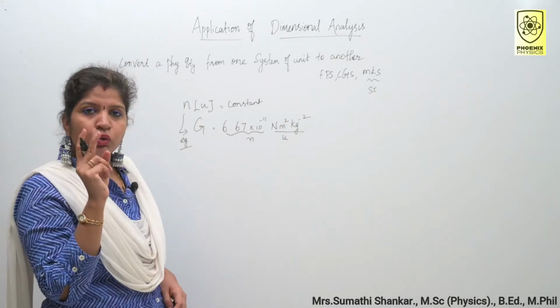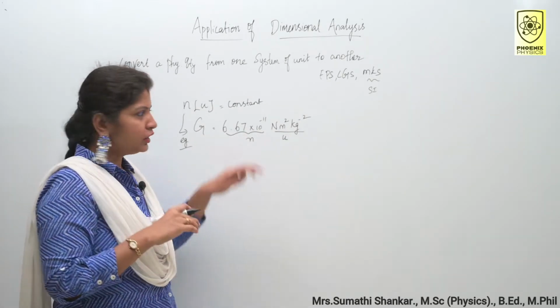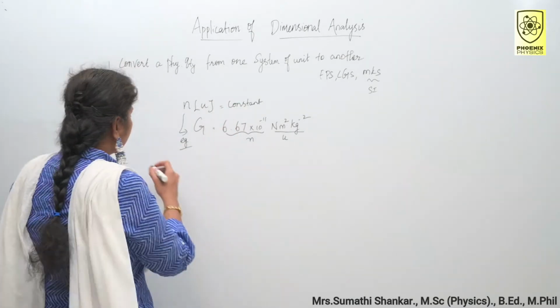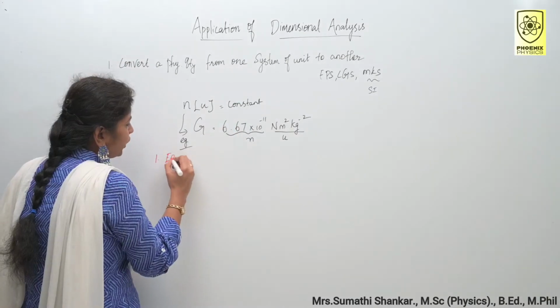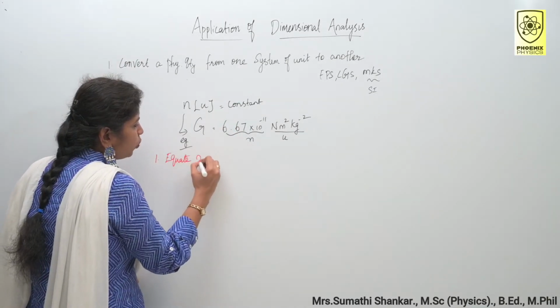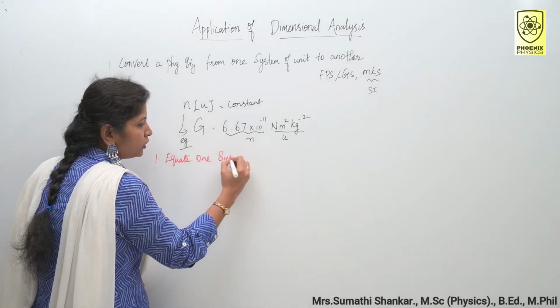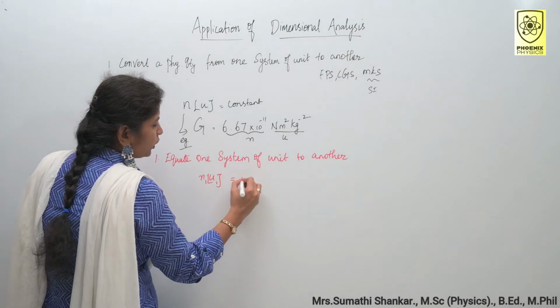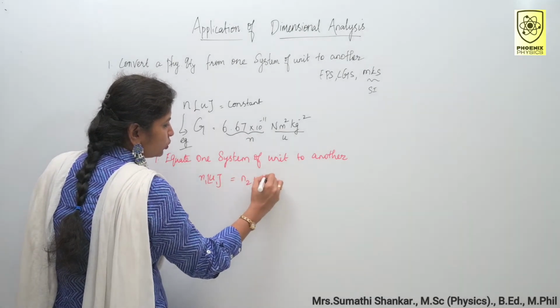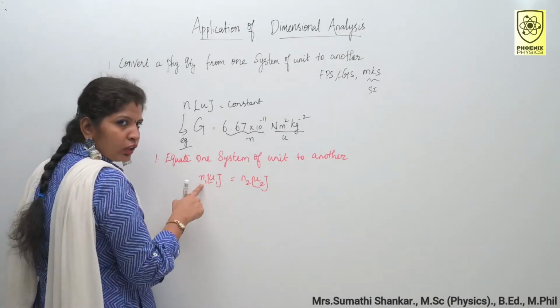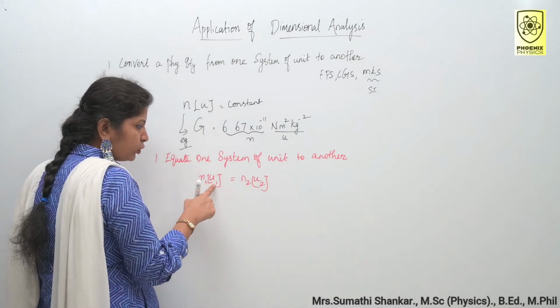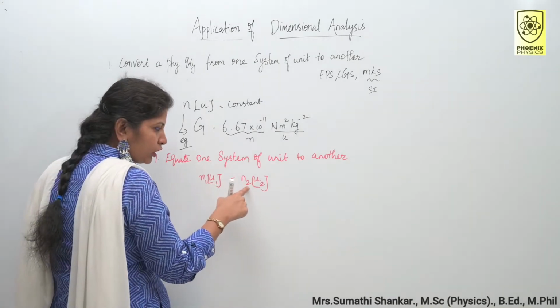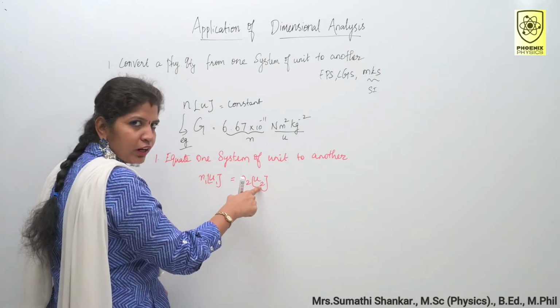There are two steps involving in this application. First one is equate one system of unit to another: N1 U1 equal to N2 U2. This is numerical constant and its unit of one system, numerical constant and unit of the another system.